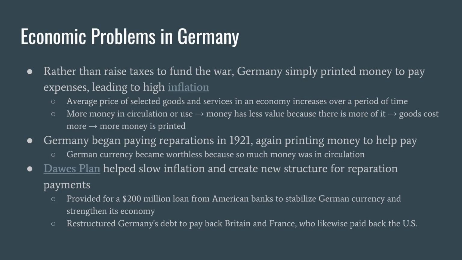Germany's money problems start in World War I. Most of the time, you raise taxes to help fund a war, but Germany instead decided to just print money to pay expenses. Rather than putting the burden of funding the war on its citizens, the German government decides to print as much money as they need.